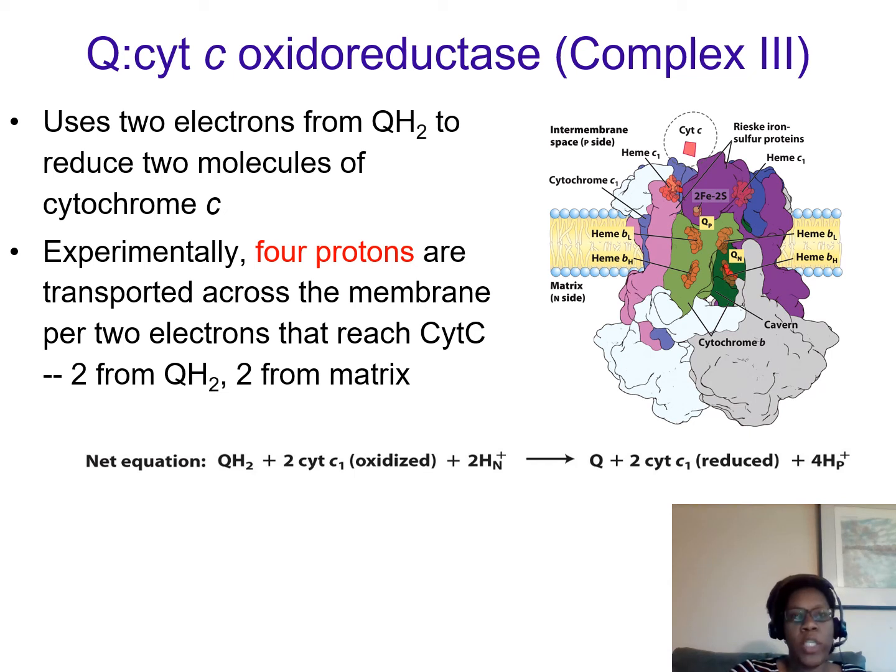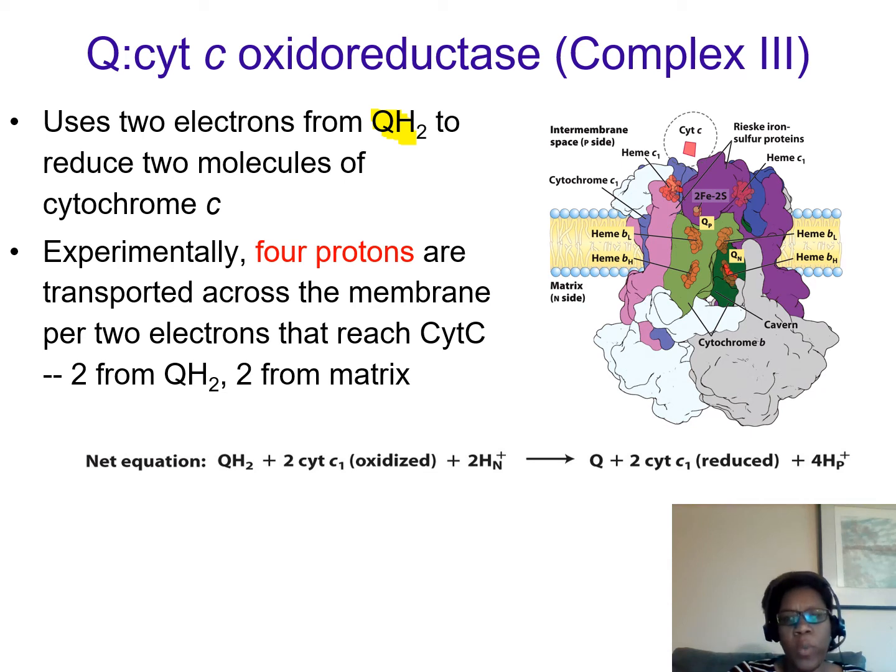And so our QH2, which can freely diffuse, has accepted these electrons and is carrying these electrons from complex 1 and complex 2 to reduce the molecule cytochrome C. So this is a lot going on.